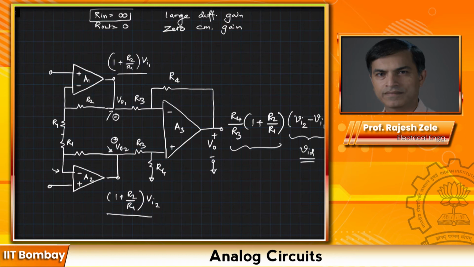Let's say I apply a common mode of VCM over here, purely because that's the common mode signal, VCM, which is the same on both inputs, VI1 and VI2. Then we already know that this node is also VCM. How about this other node? That will also be VCM, because the feedback around the op-amp creates a virtual short between positive and negative.